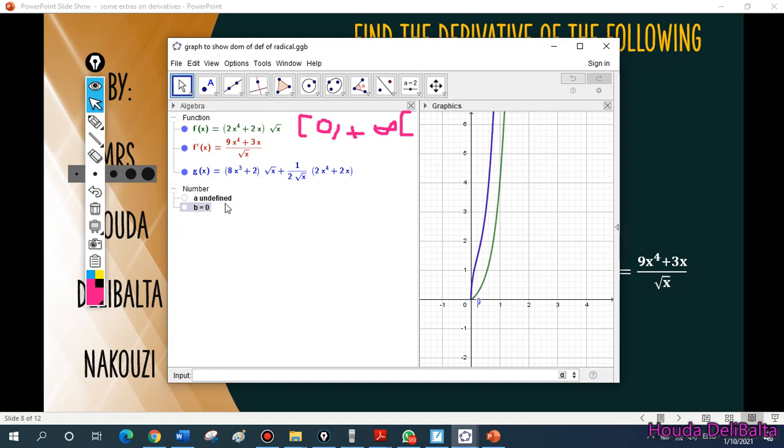So that's why the domain of definition of f prime is not closed at 0. It's an interval that's open at 0, which means that f prime is not defined at 0, and that's the proof using the graph.